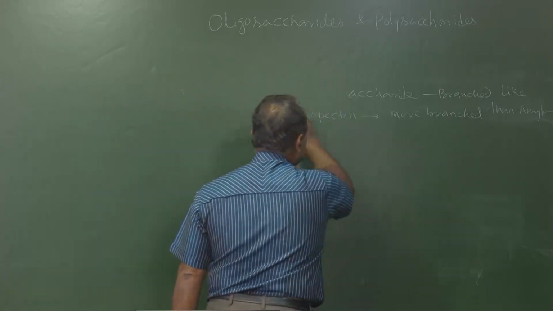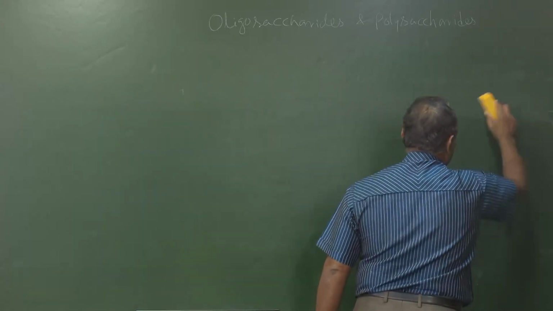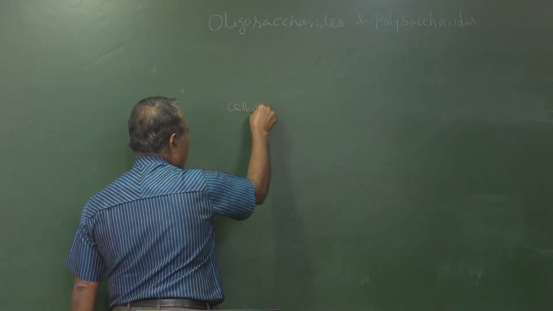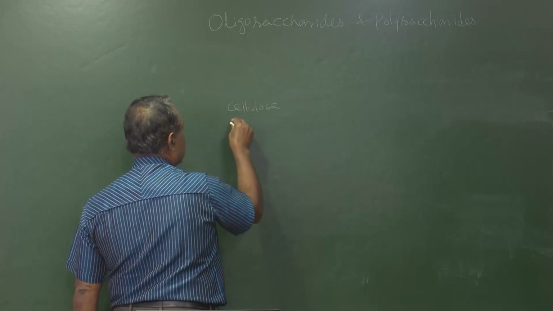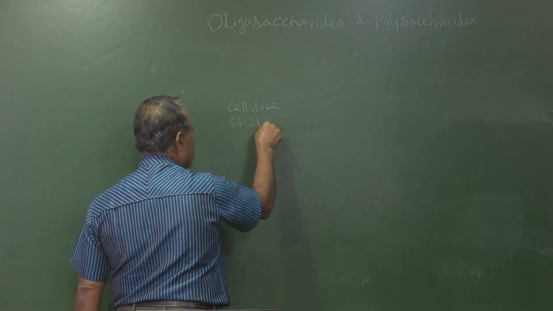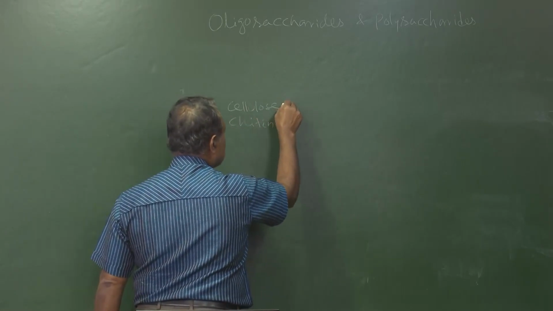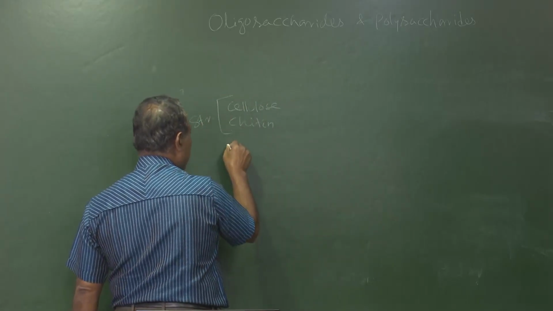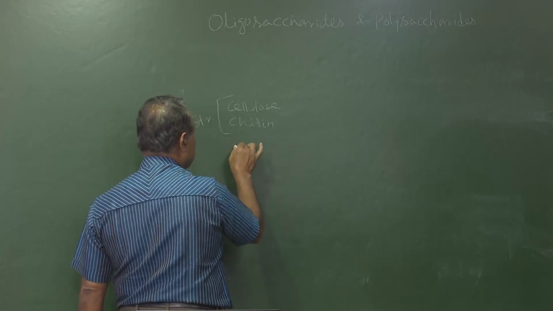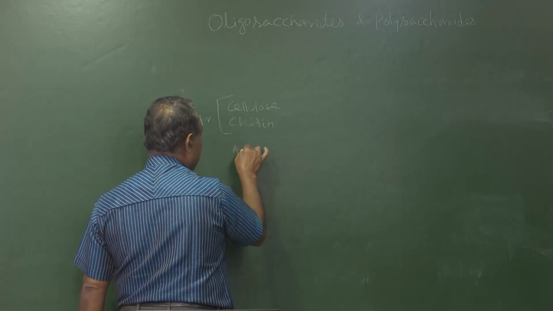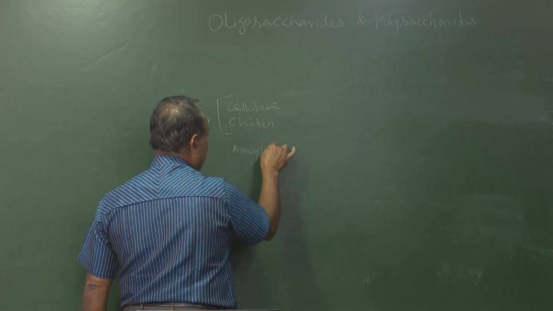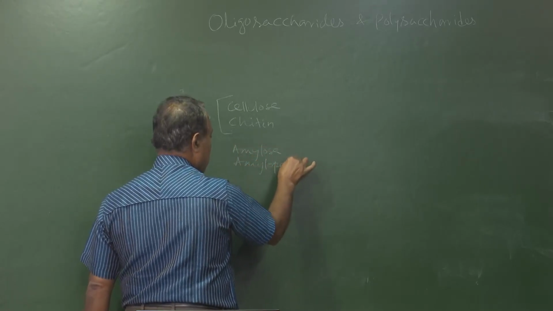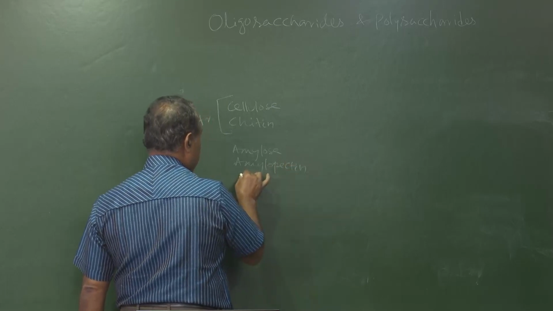So thus we have seen 4 candidate molecules. One was cellulose, another was chitin. These are structural, but all are homopolysaccharides. Then we have amylose, amylopectin, and glycogen.